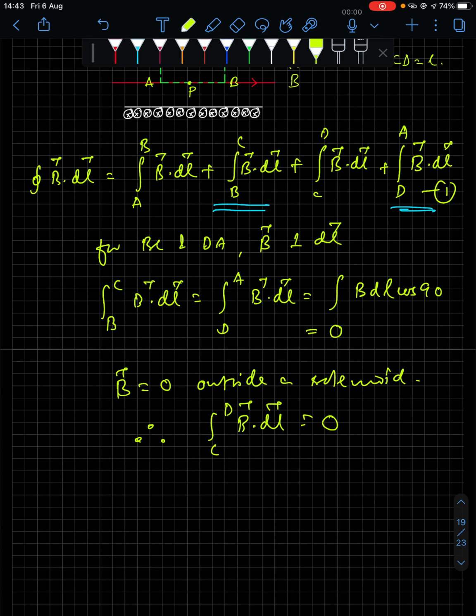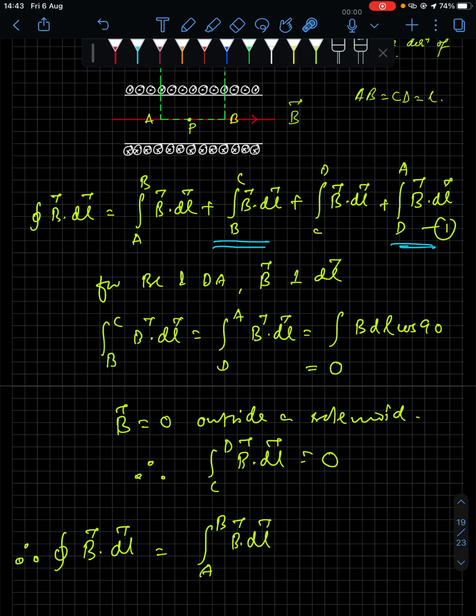So what remains from this equation number 1 is integral B dot dl equals integral A to B B dot dl. Now you see the length AB and the B vector are along the same direction, right?